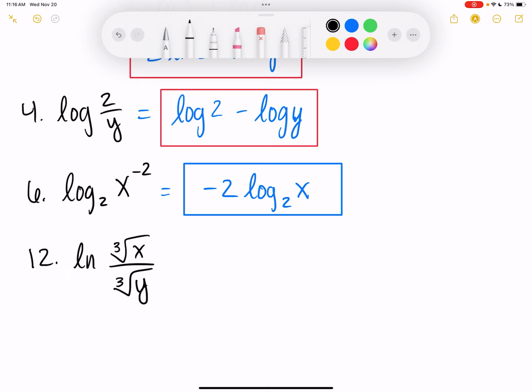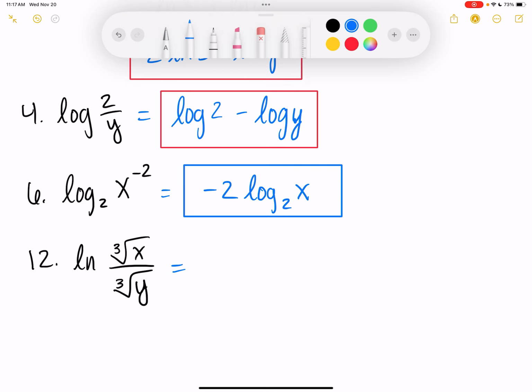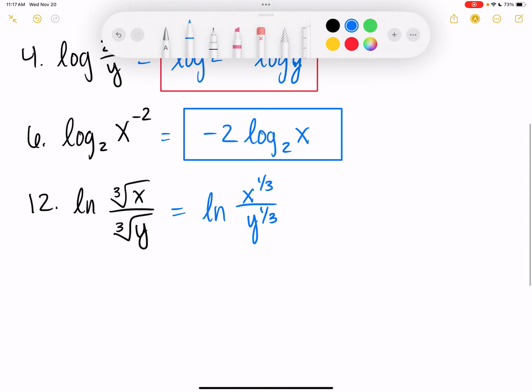What other way can I rewrite a cube root? Yep. So I can rewrite them to the power of 1/3. So I'm going to rewrite this as ln of x to the 1/3 over y to the 1/3. Now I'm going to split these into their 2 separate logs.